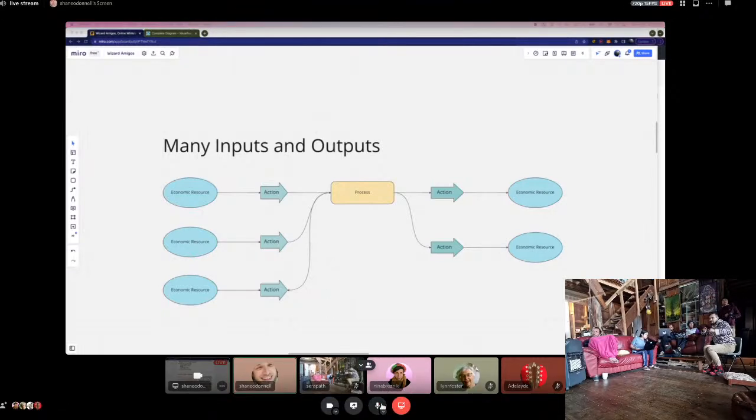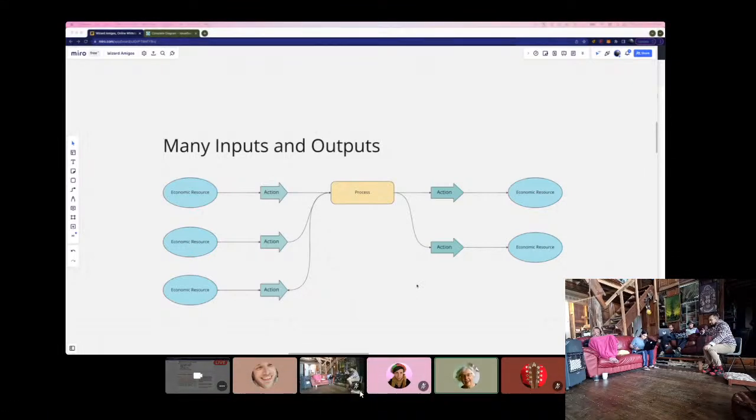Lynn, would you mind jumping in on explaining how processes and the events fit in here in this case? Sure. Actually, I'm gonna take it a slightly different direction than you did, Shane. The process is what is making the transformation between the inputs and the outputs. The events or the flows with their action are more like, in some ways you could just look at it as the accounting of what happens to these resources.